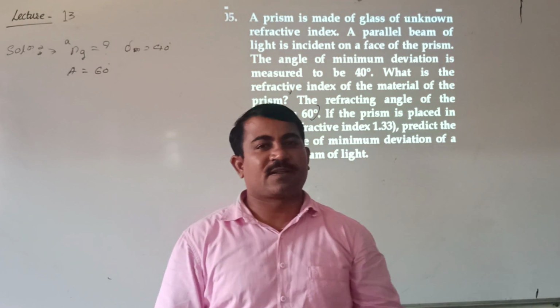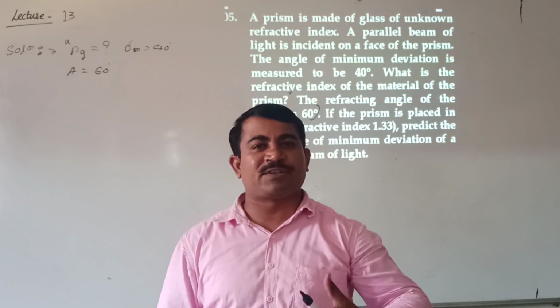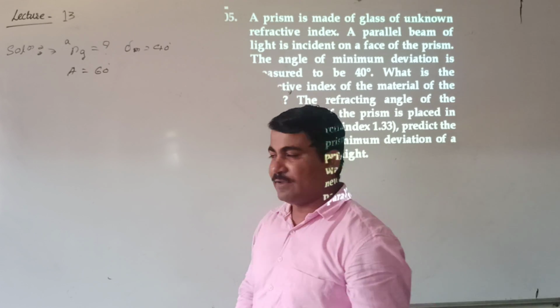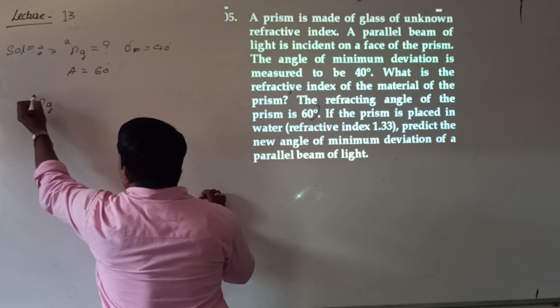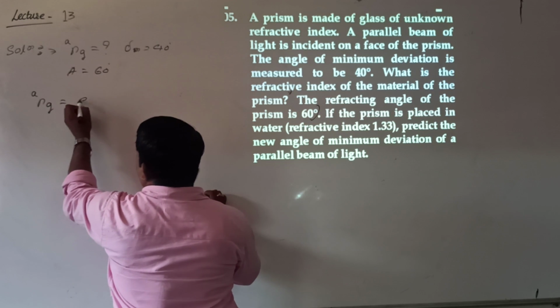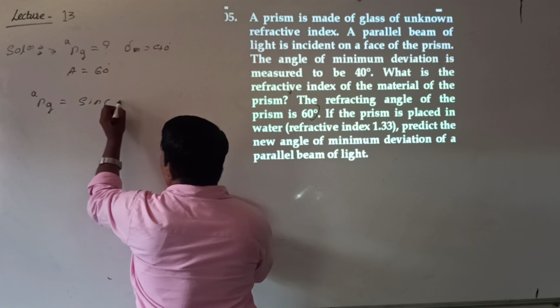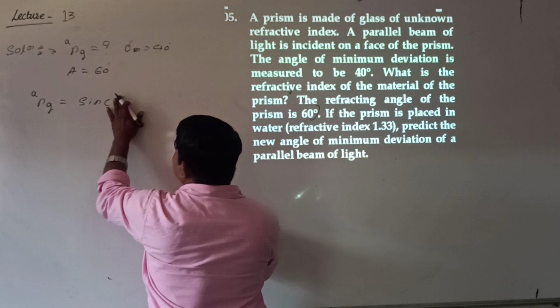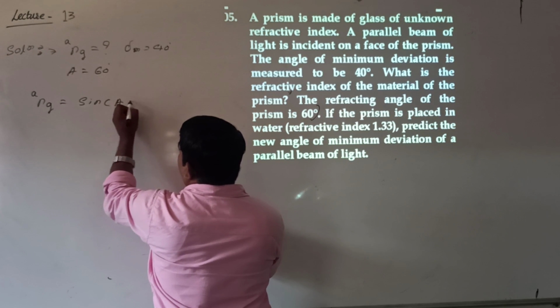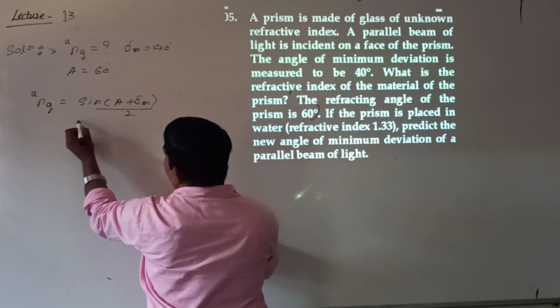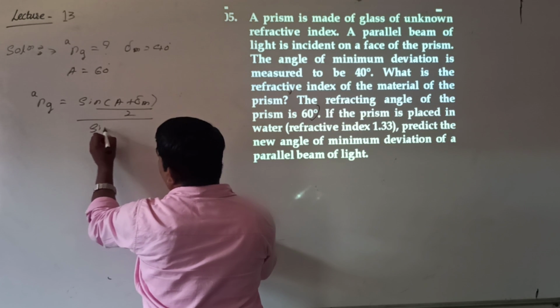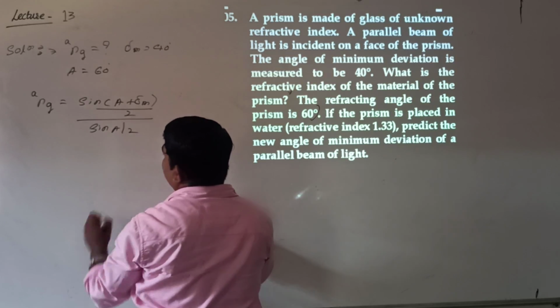To solve this, let us go for the prism formula, refraction through prism. How do we obtain the prism formula? The refractive index of glass with respect to air is equal to sine of (A plus delta m) whole divided by 2, divided by sine of A by 2.